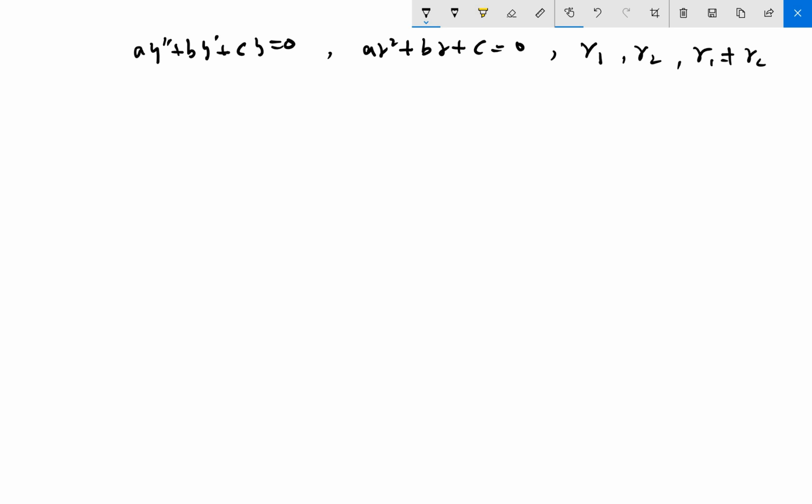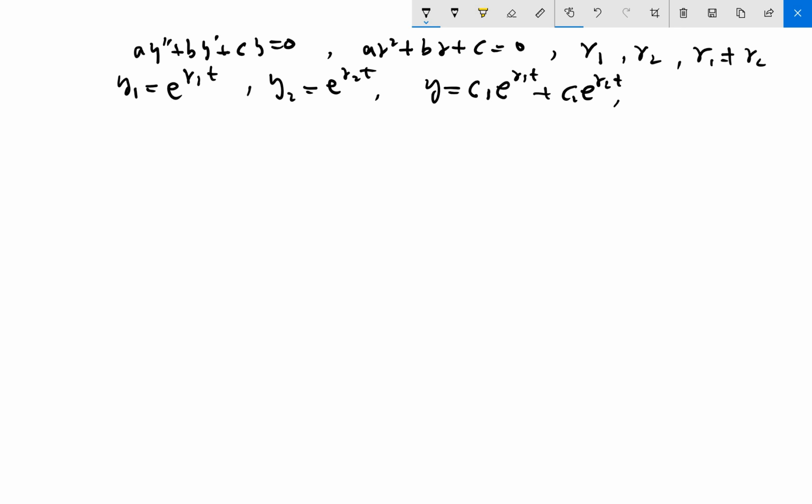So in this case, we will get two solutions. One is e to the R1t. Another solution is e to the R2t. Then any linear combination of those, C1 e to the R1t plus C2 e to the R2t, will also be a solution.